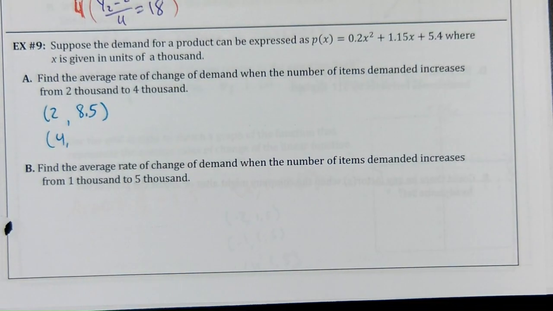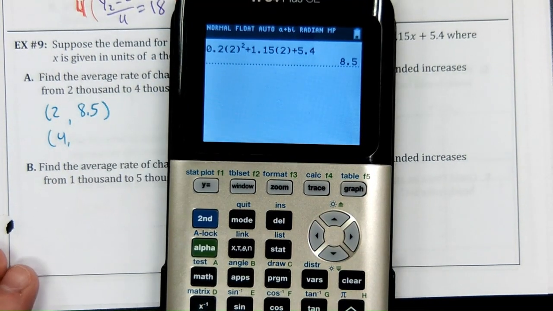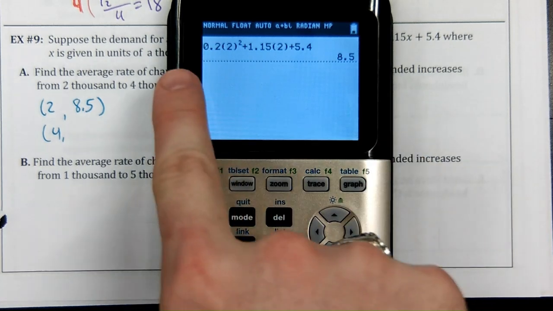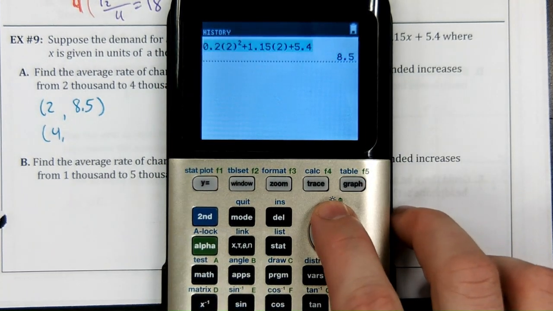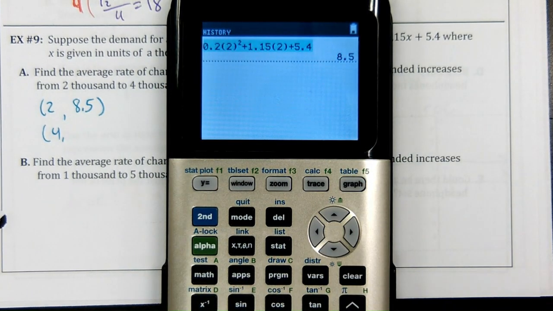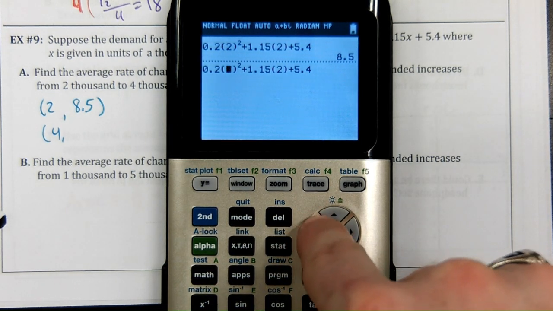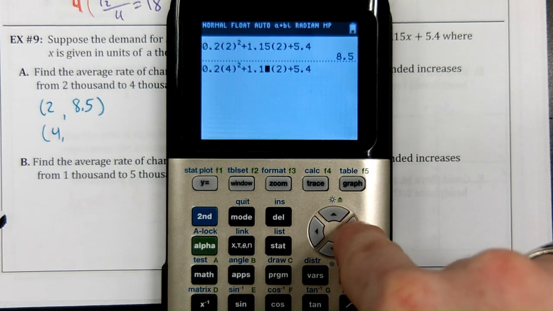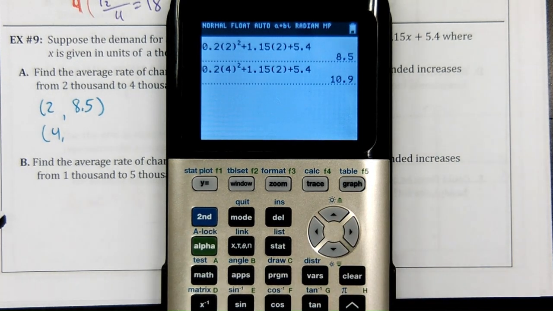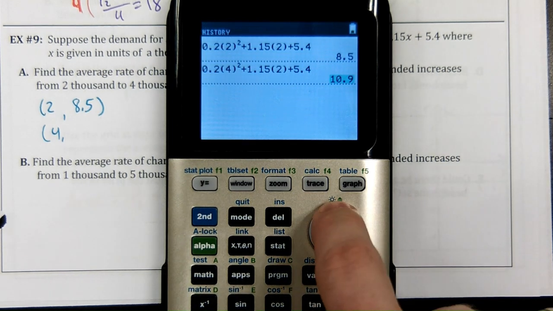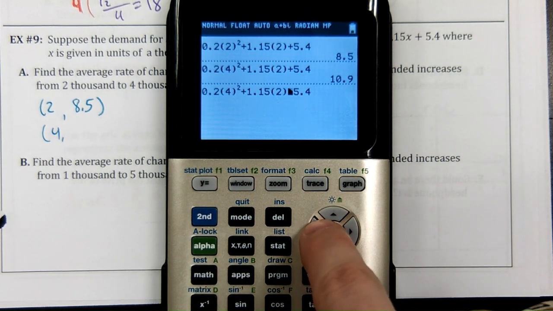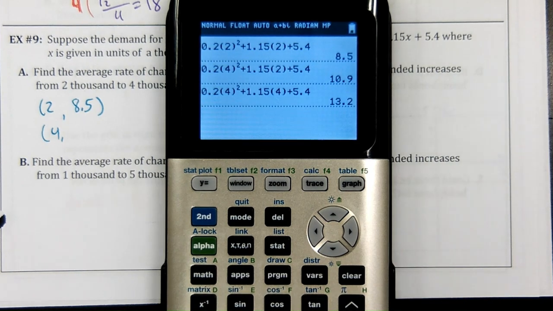And because I don't want to have to retype all of that, because I know my equation's staying the same, I'm just going to replace those 2's with 4's. I pressed up twice, hit enter, and then I can just highlight, replace this 2 with a 4, and replace this 2 with a 4, and then hit enter. There it is, 13.2.